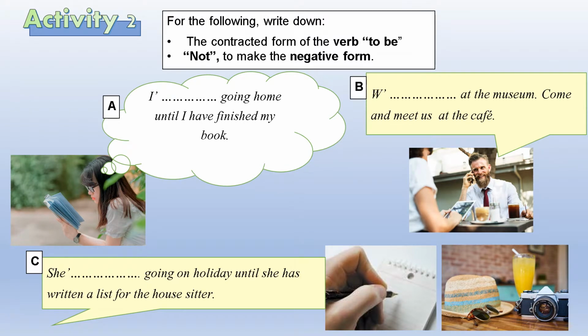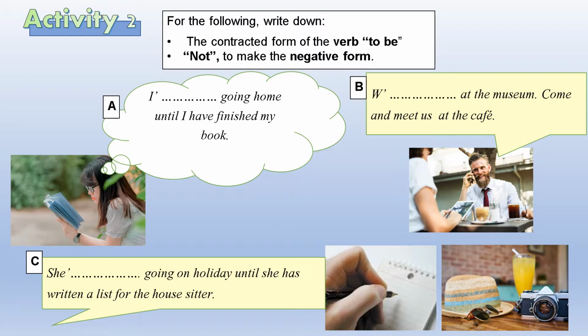Activity 2. For the following, write down the contracted form of the verb to be and not to make the negative form. And I'll give you a moment for these.